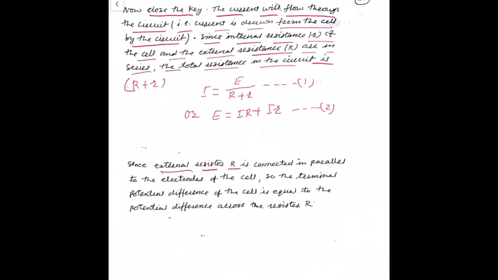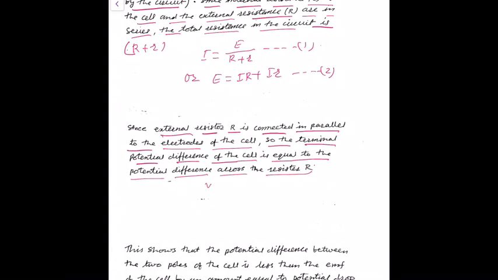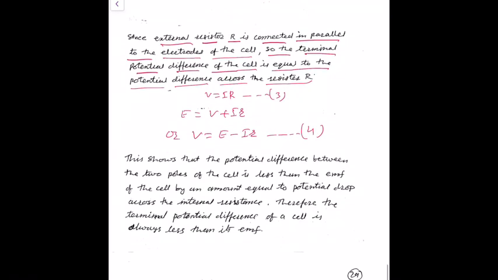Since external resistor R is connected in parallel to the electrodes of the cell, the terminal potential difference of the cell is equal to the potential difference across the resistor R, that is V equal to IR. That is equation third. Hence equation 2 becomes E equal to V plus Ir or V equal to E minus Ir. That is equation 4.